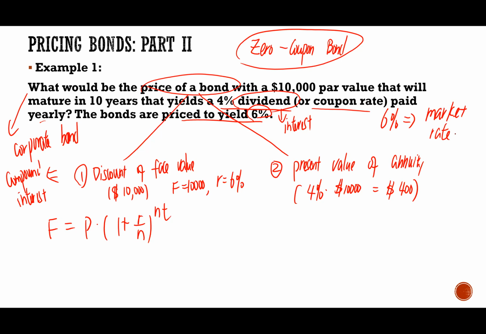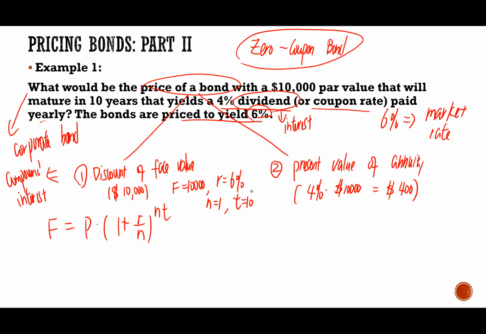Market rate is what we use for discounting the face value or finding the present value of the annuity. The number of compounding periods per year is one, compounding once per year. Time t is equal to 10. Now we throw everything into the formula to find the present value of this $10,000 in 10 years.